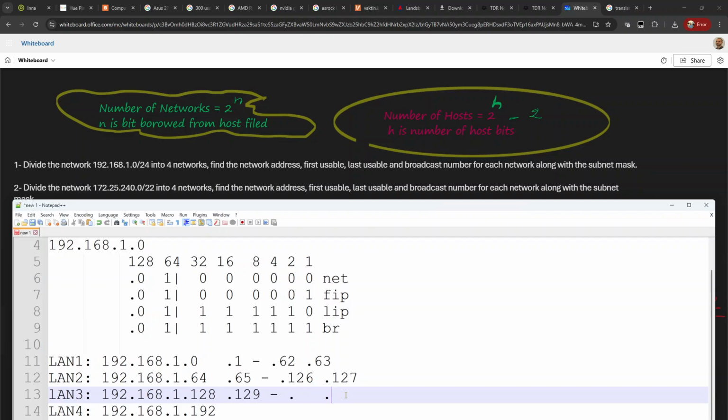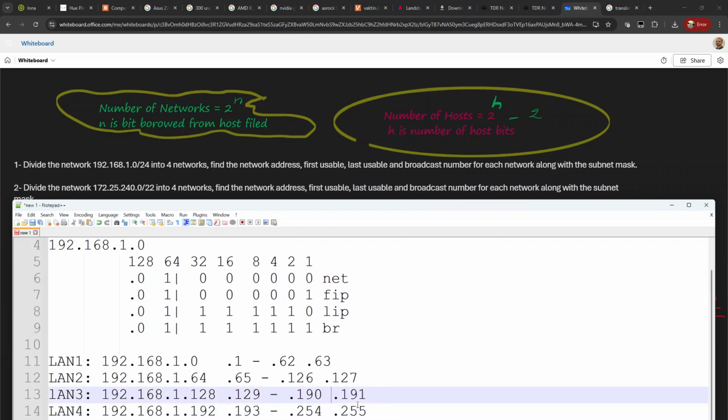The broadcast comes before the next available network, so it's 191, and before 191 we have 190. In the last network we are going to start with 193, and then it will go all the way to 254, and .255 is the broadcast in the last network. Then we answer our questions.